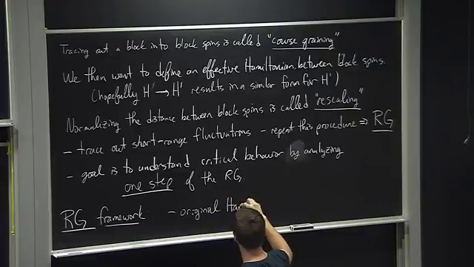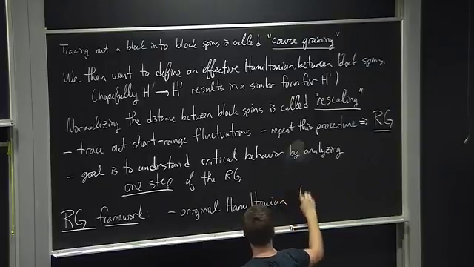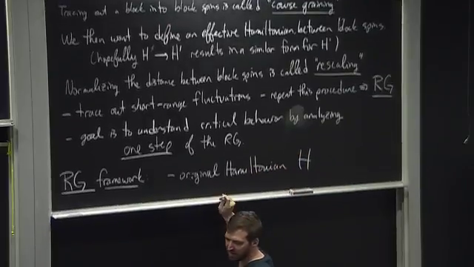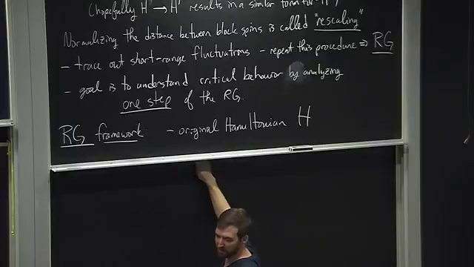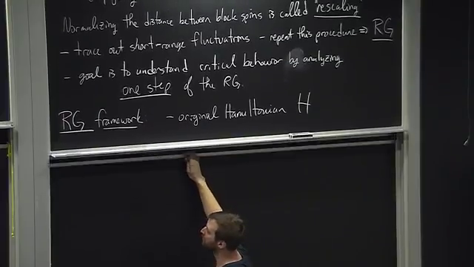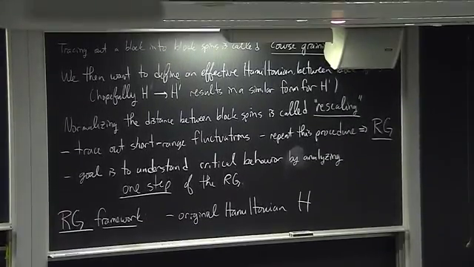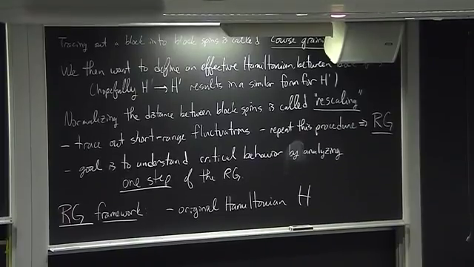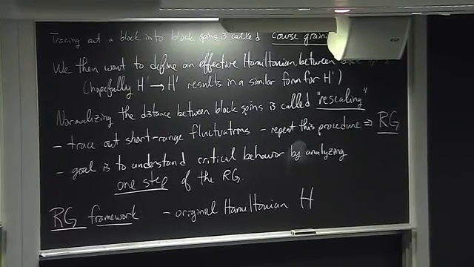So we have an original Hamiltonian, H, and we have a partition function, Z. Okay, I've written it up there. And so let's perform one step of coarse graining. Let's use this lattice here.